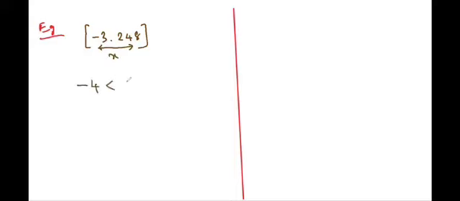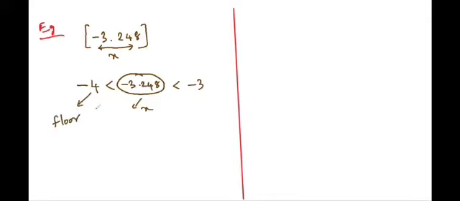You have to place this between two successive integers. This is our x. Now we placed it between two successive integers. One of them, the lower boundary, is the floor, and the upper one is the ceiling.